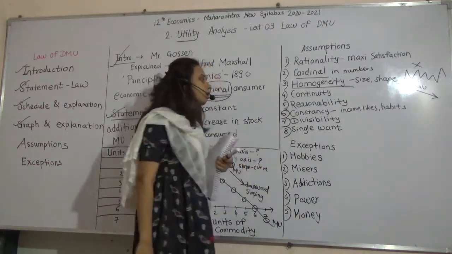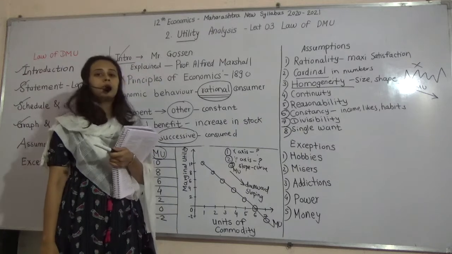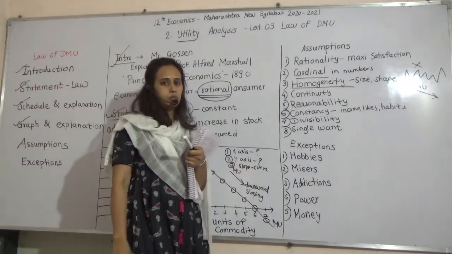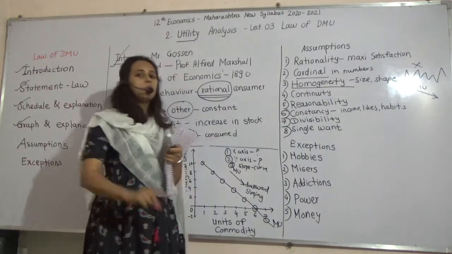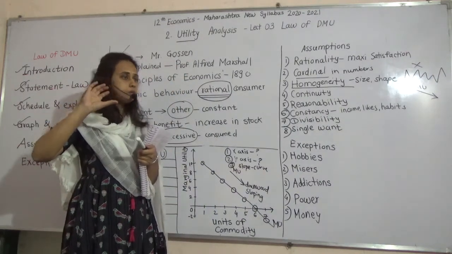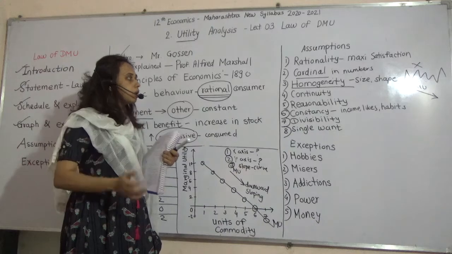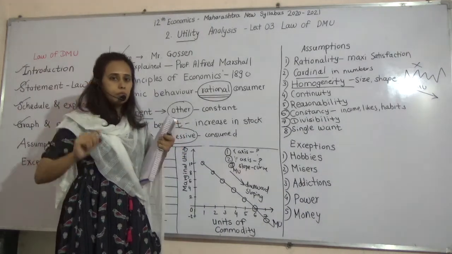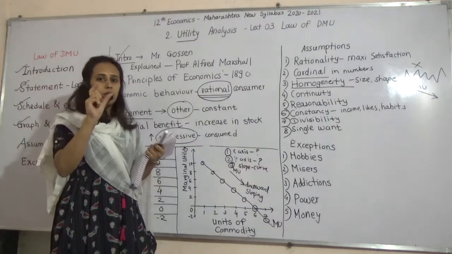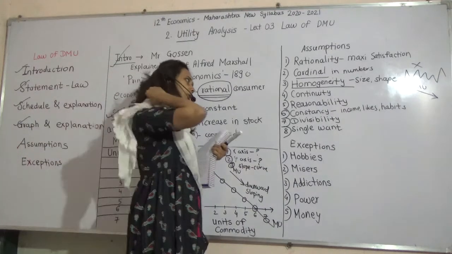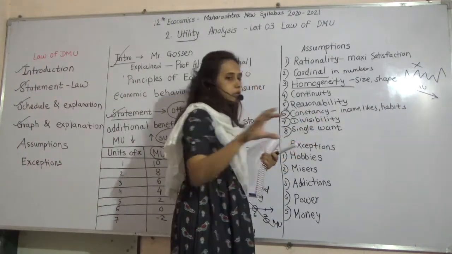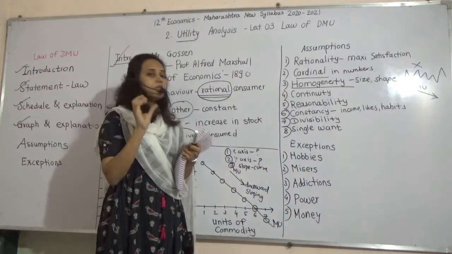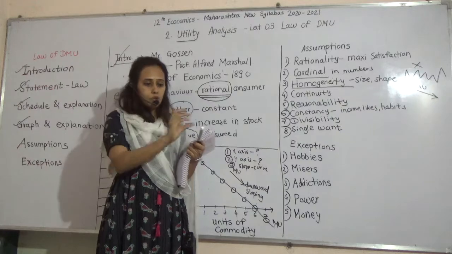Next is reasonability. Now what is this reasonability? Reasonability means when I say I want tea, normally what comes to our mind? Tea means a small cup comes to our mind. It's not like we take a bucket and start drinking a bucket full of tea. So there is some reasonability. For example, when you start eating, the quantity of salt, vegetables, rice, you know how much you can serve.